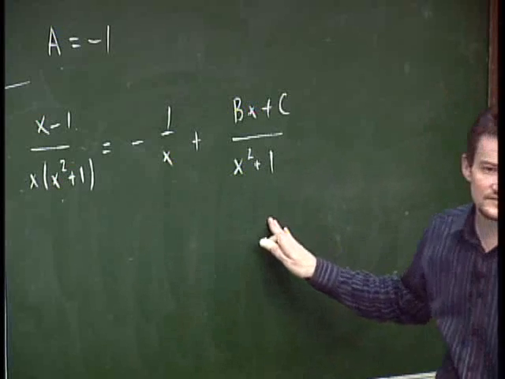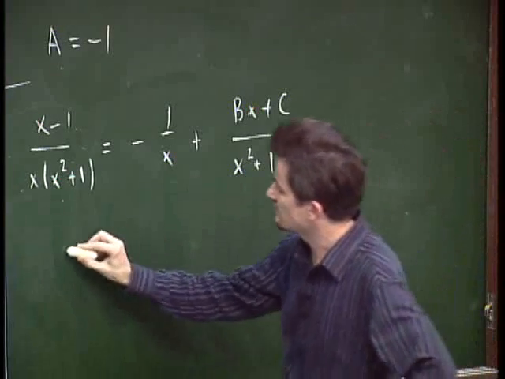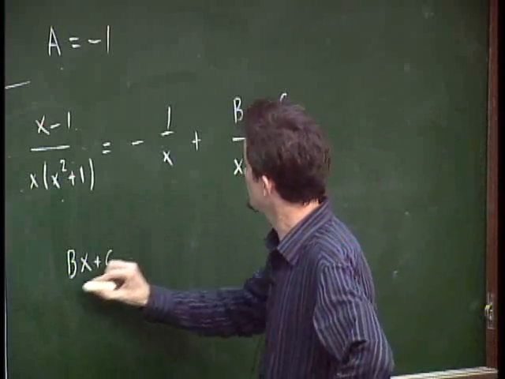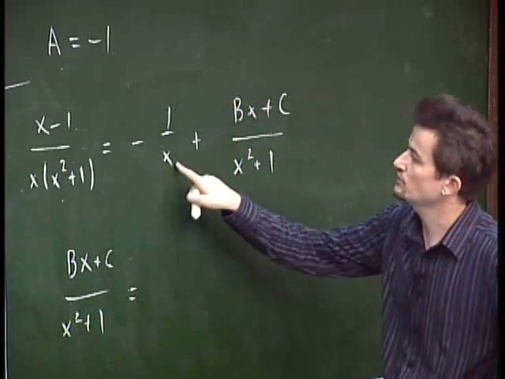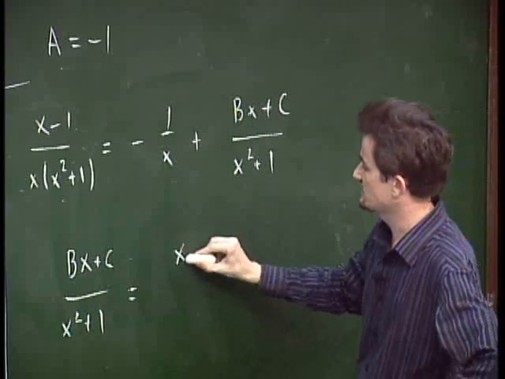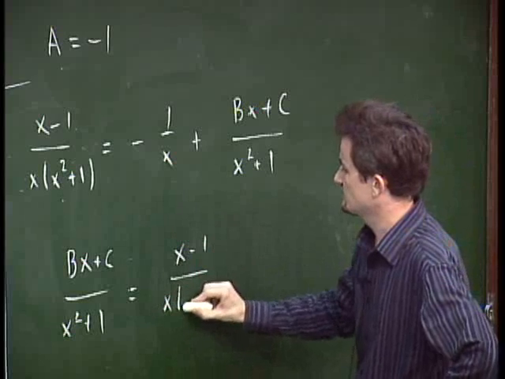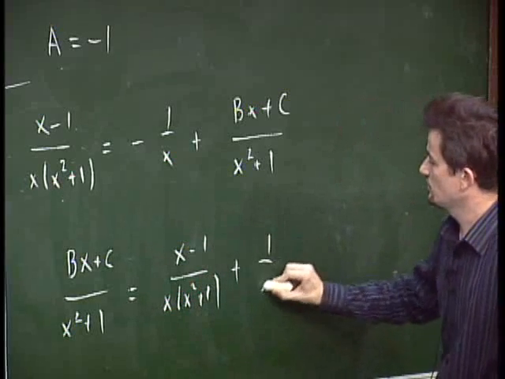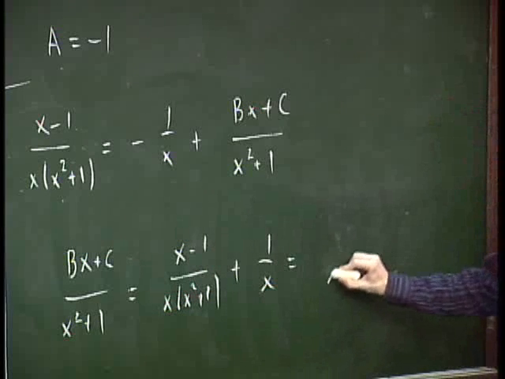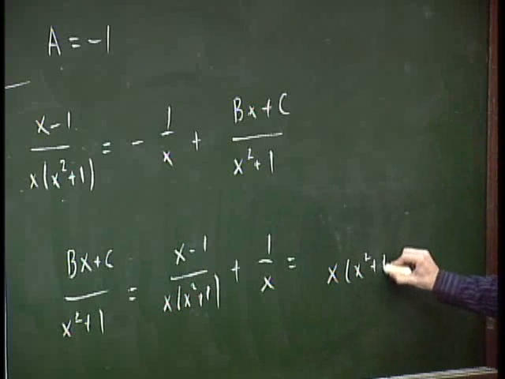But of course, the easiest thing is you rewrite this as (bx plus c) over (x squared plus 1) is equal to, so you push this on the other side, so you have (x minus 1) over (x squared plus 1) plus 1 over x. So here you can find a common denominator.